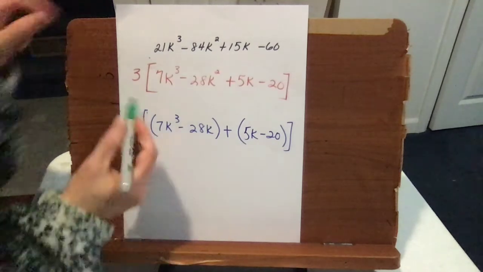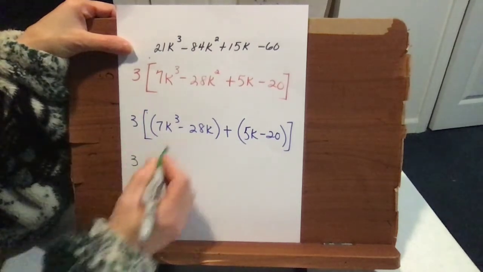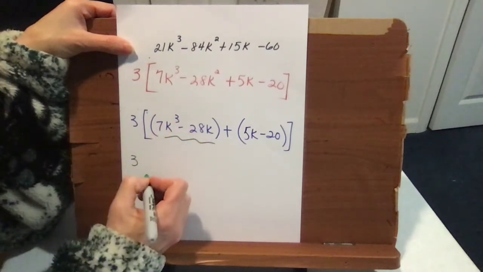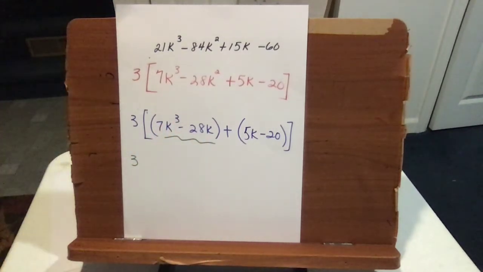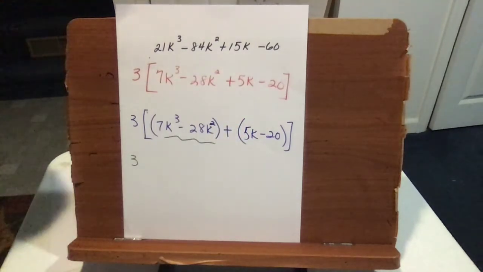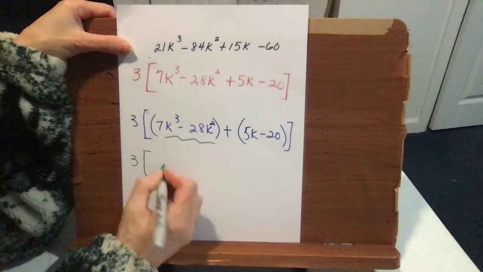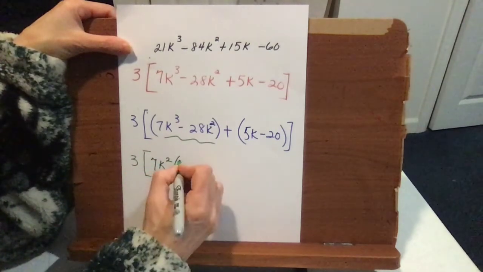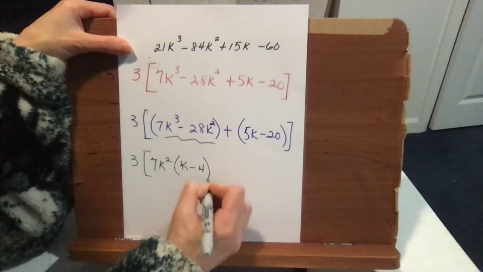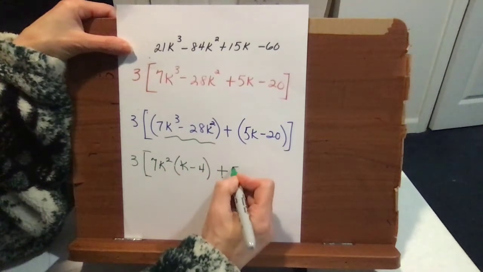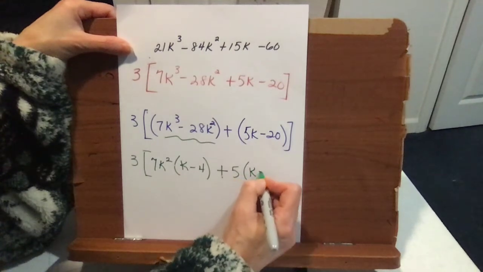All right, keeping my 3 greatest common factor, I'm going to now factor 7k cubed minus 28k squared. Oh, that should be a k squared. That was my mistake, so I noticed that right away. All right, so we're going to take out 7k squared, and that'll give me k minus 4, plus, from here I can factor out a 5, leaving me with k minus 4.